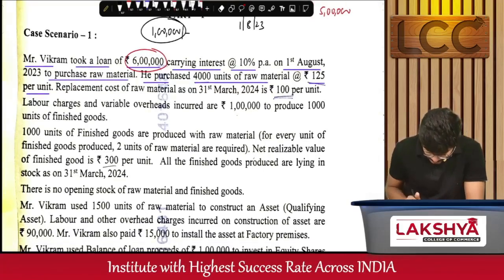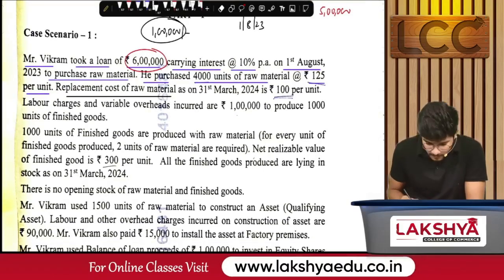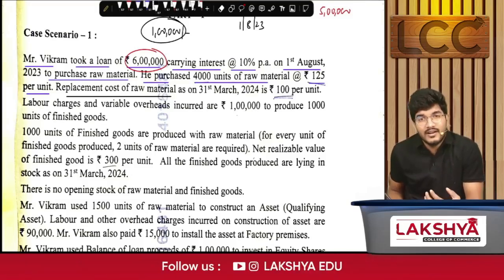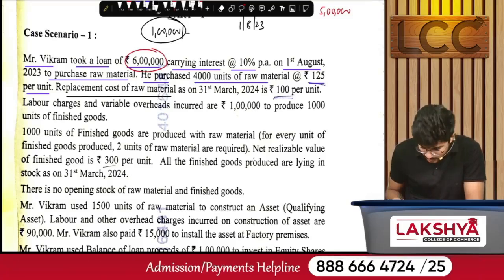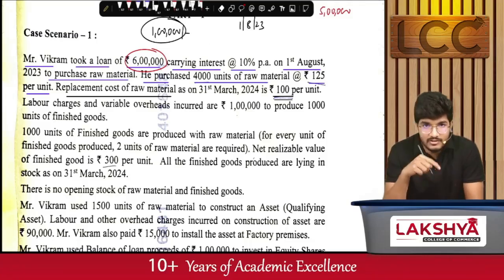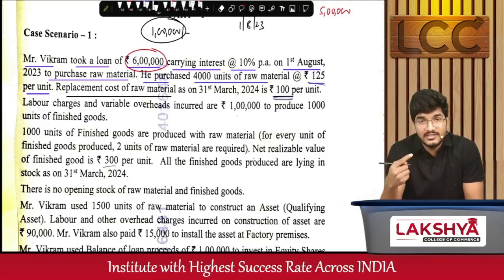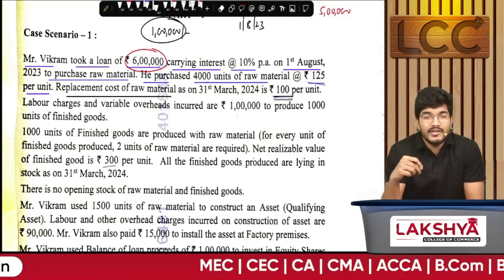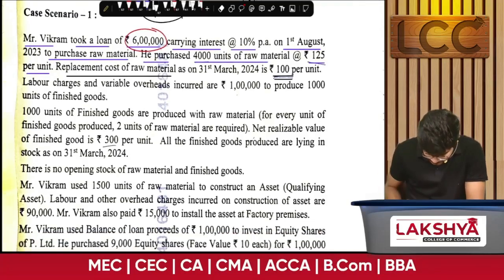Next, the replacement cost of the raw material. That means if you want to sell the raw material, the amount we can get is rupees 100 per unit. We spent 125 to purchase the raw material, but if you sell the same raw material to an outsider, you will fetch 100 rupees.